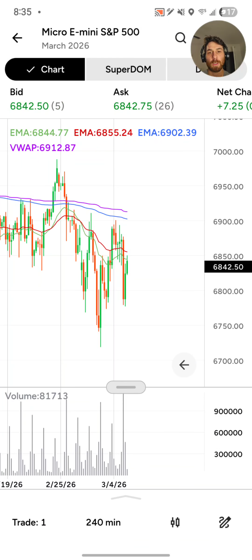You're looking for the colors, color coding. You know, we learned those things pretty early on. So anyway, now I know that the purple is the VWAP, and the blue is the 200 period EMA, and the red is the 40 period EMA, and the green is the 21 period EMA.